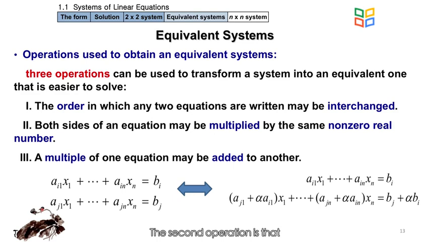The second operation is that both sides of an equation may be multiplied by the same non-zero real number. Given any equation, you use a non-zero number to multiply both sides, so you get essentially the same equation, right? And the third operation is that a multiple of one equation may be added to another.